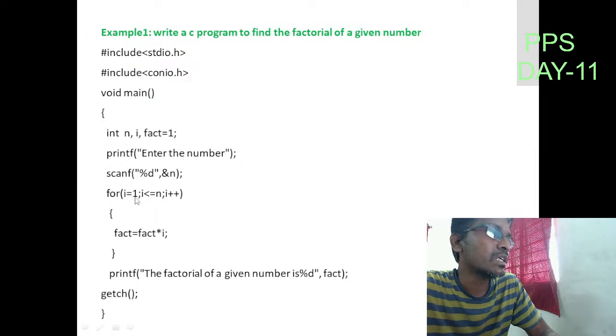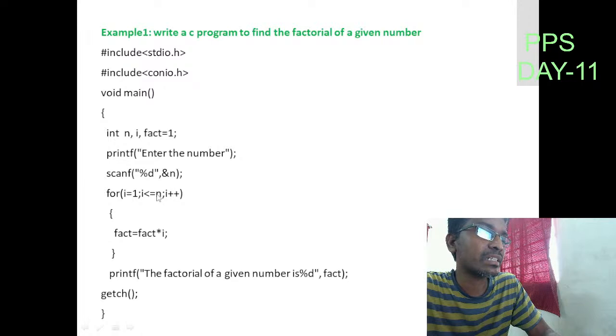That means, let us take i equal to 1, and you can substitute 1 less than or equal to 5. For example, let us assume that you read the n value from the keyboard as 5, then you substitute it in place of n. So i is 1, and 1 less than or equal to 5 is true.